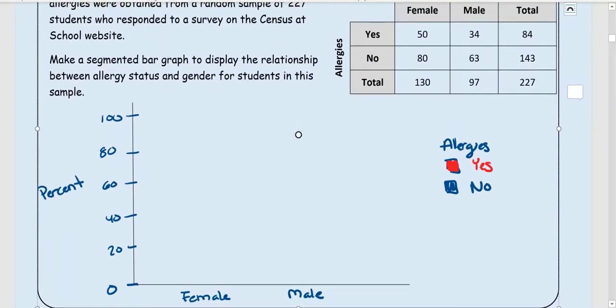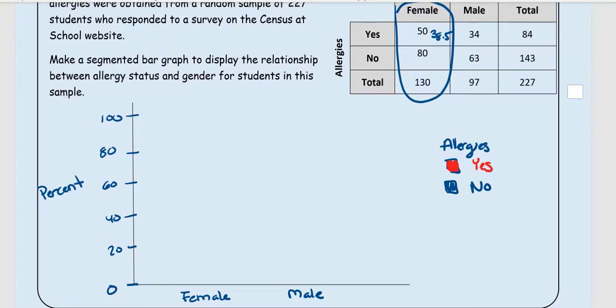Okay, so we want to find what percentage of females have allergies. Because we're looking at females, we're going to look over here first, and it looks like 50 out of 130 do have allergies. So that is roughly 38.5%.